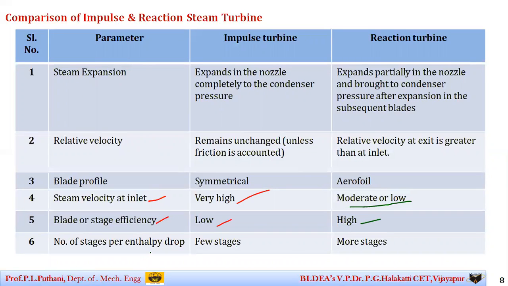For the number of stages per enthalpy drop, the impulse turbine takes place within a few stages, whereas the reaction turbine needs more stages because we have alternate sets of fixed and moving blades. Okay, so these are some of the comparisons of the impulse turbine and the reaction turbine.